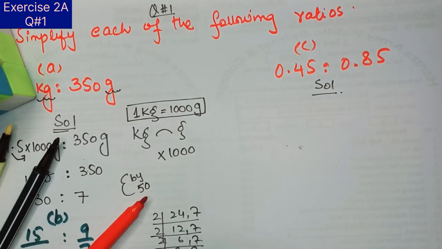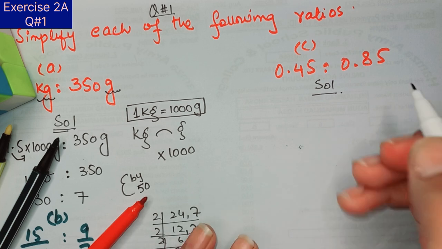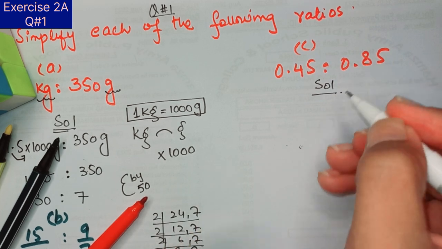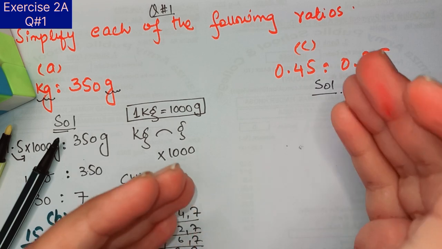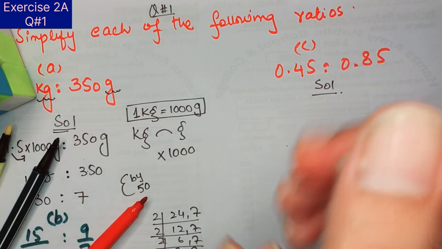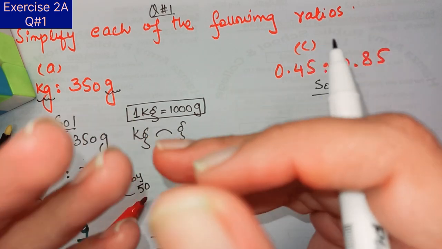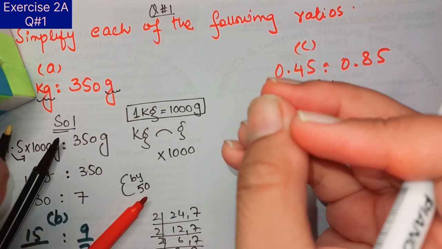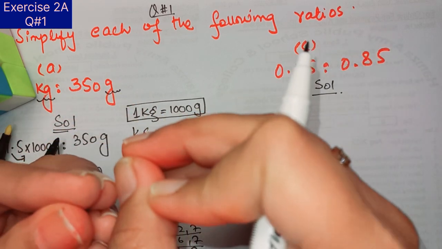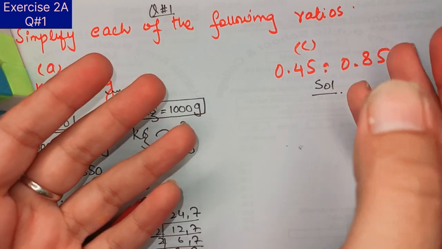C part: 0.45 ratio 0.85. Students, we have decimals and we have to simplify this ratio. First I want this decimal to become a whole number, so the point is removed.